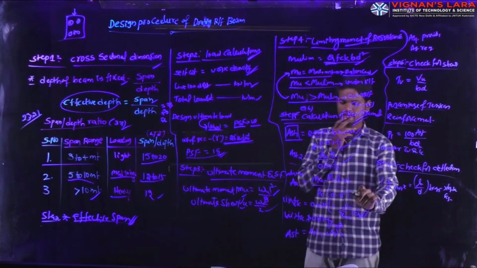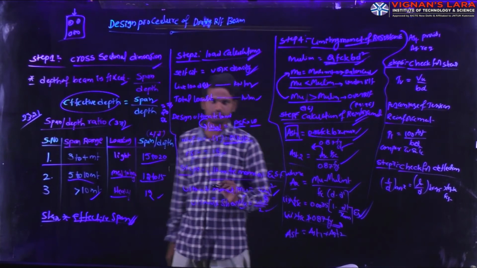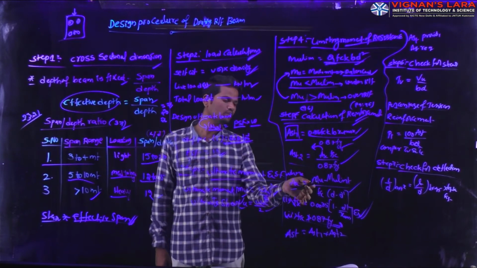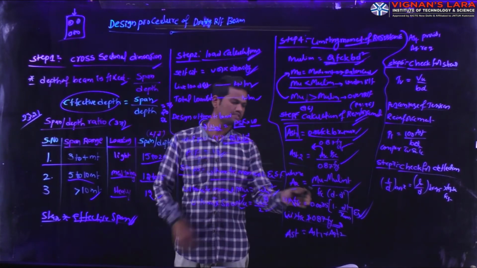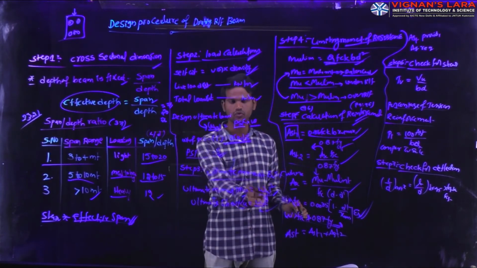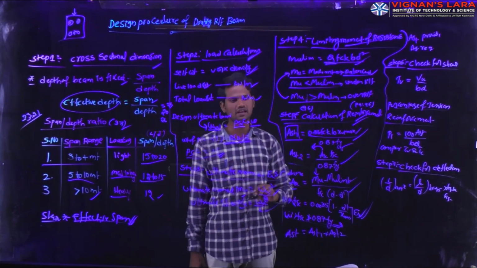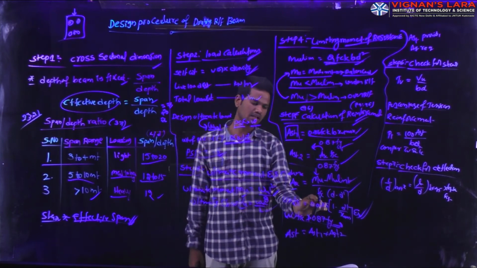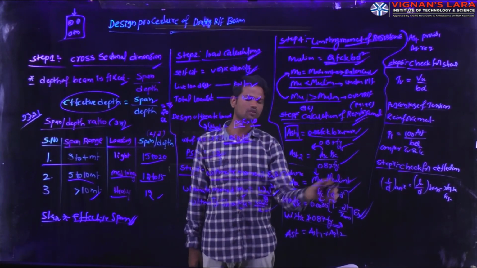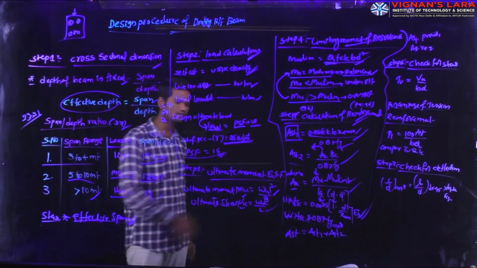Okay, next we are having the area of steel reinforcement in the compression reinforcement. This Asc, area of steel in compression, we are providing to resist the additional moment, that we can calculate by using this formula: Mu minus Mu limit divided by fsc into (d minus d dash), where Mu is the moment due to the application of the load, Mu limit is the limiting moment we calculate based on the cross-sectional dimensions, fsc is the stress in steel in the top compression portion, d is the effective depth of the beam, and d dash is the effective cover we are providing to the reinforcement bar.